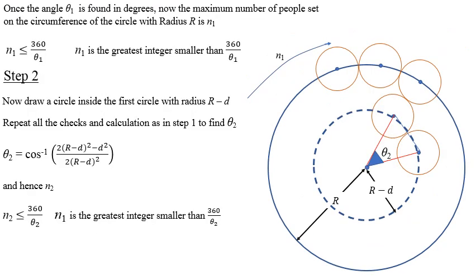Later on, we know that the whole angle around the circle is 360 if the angle is in degrees. Then simply n1, the number of people we can accommodate exactly on the circumference, is the greatest integer which is smaller than this figure.